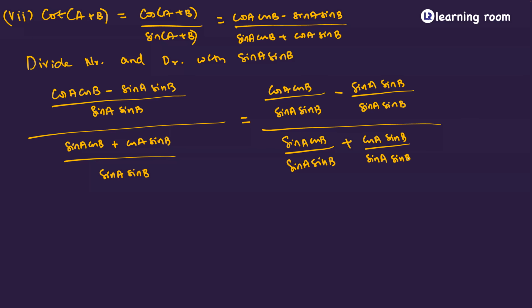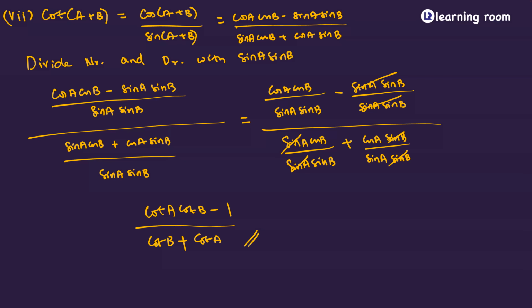So here there is nothing that will get cancelled. So cos A by sin A is going to give us cot A. Cos B by sin B is going to give us cot B, minus sin A sin B divided by sin A sin B gets cancelled, minus 1, the whole divided by sin A and sin A. So it's going to be cot B plus, here sin B and sin B are gone, it is going to be cot A. So this is going to be the final expression.